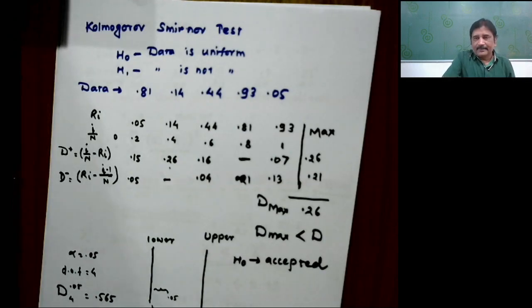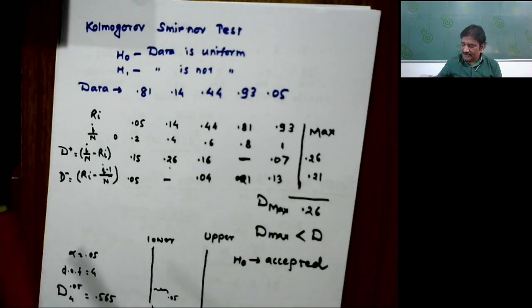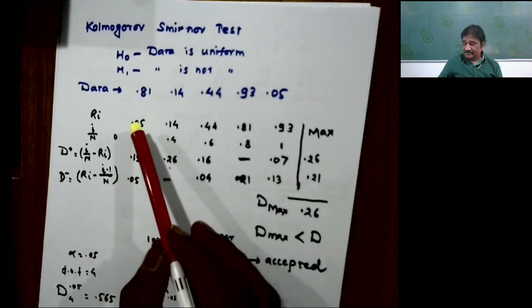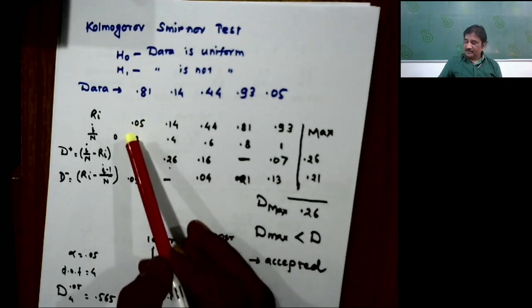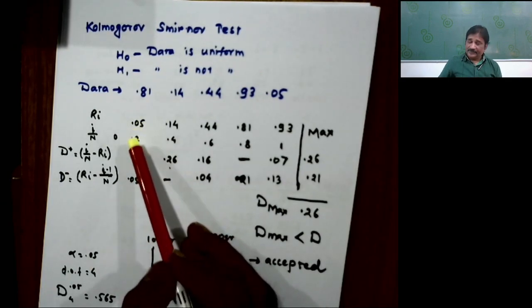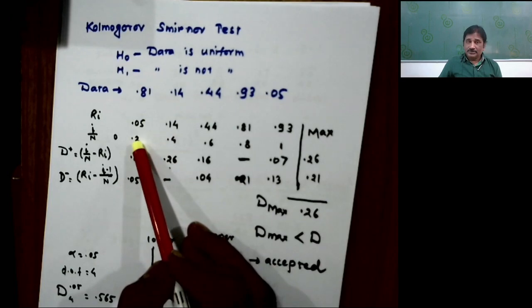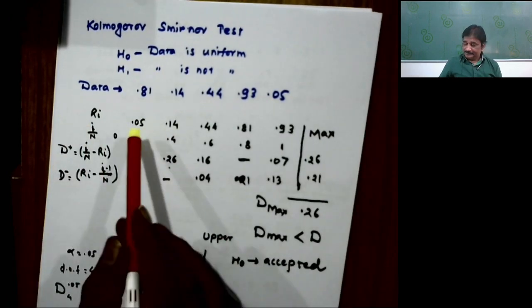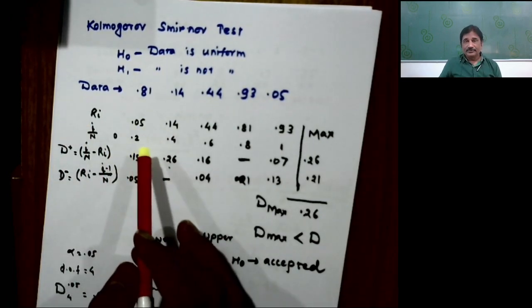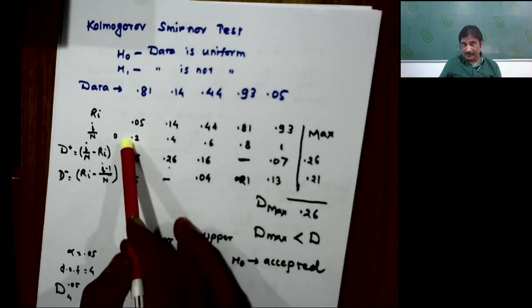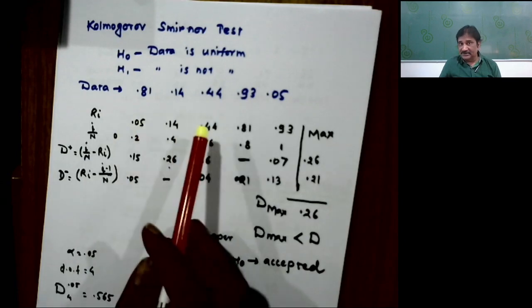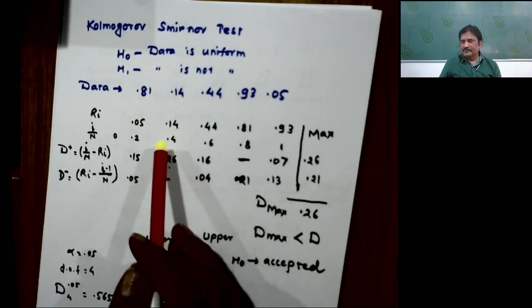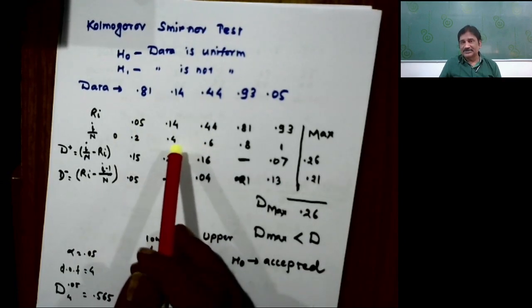That difference is called D plus, the extent to which the number is away from the upper bound. But the number should be before the upper bound. If the number concerned is after the upper bound, then you won't be finding the difference.